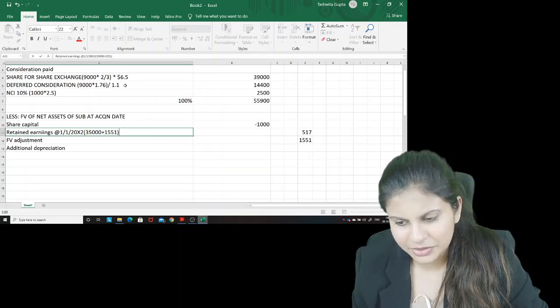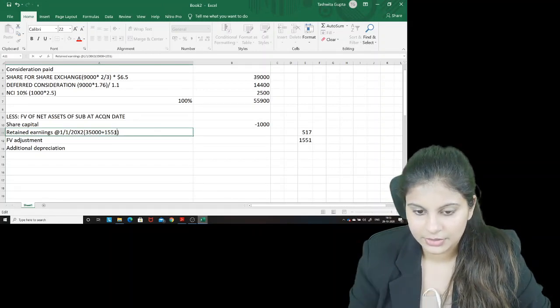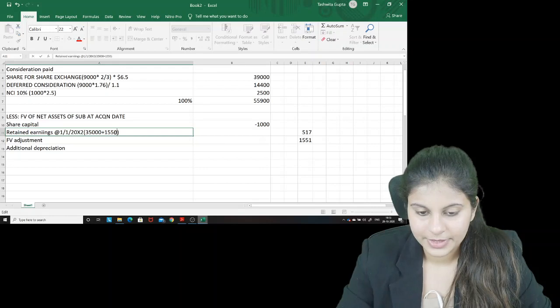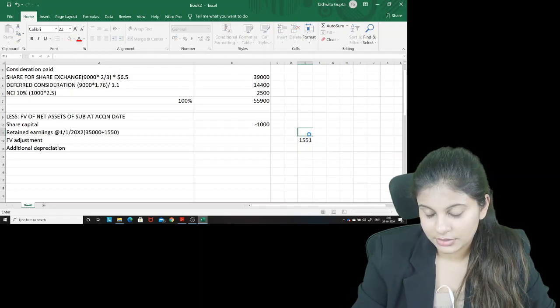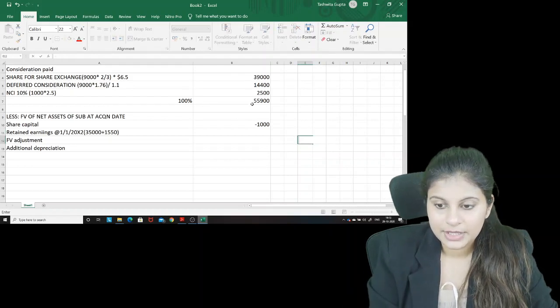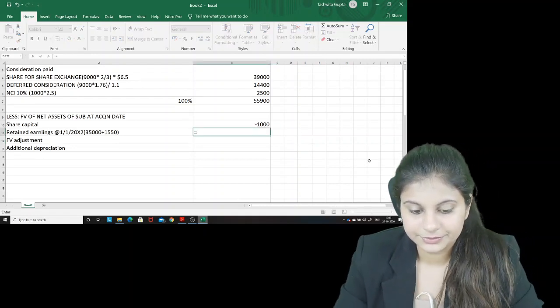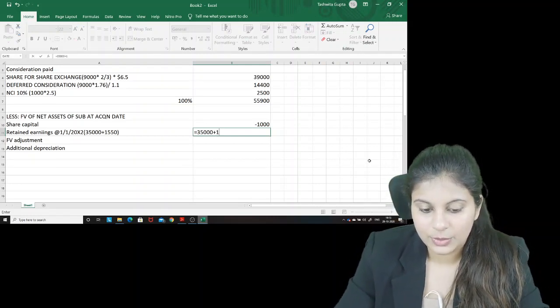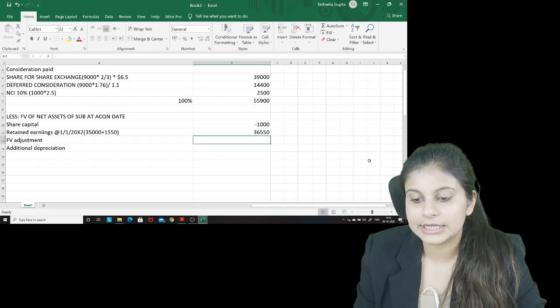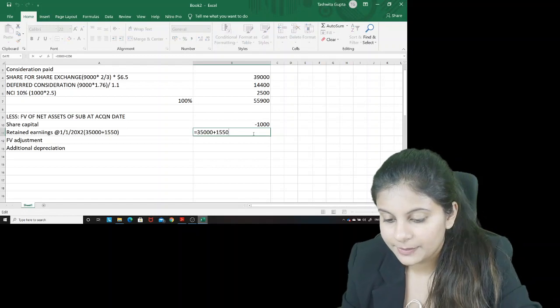We can approximate it to 1550 as well. So you can write here 1550 and make sure you erase this part. Okay, so this is coming out to be how much? 35,000 plus 1550, that is retained earnings at acquisition date. So it should be deducted again.